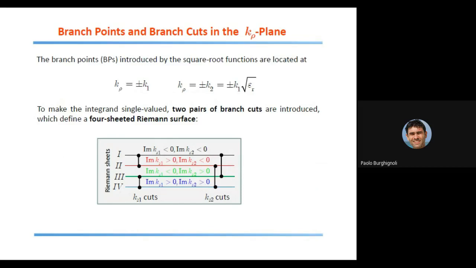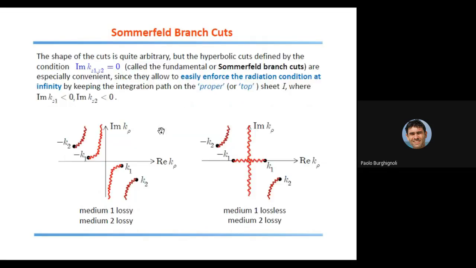Now, of course, you need to go across the branch cuts in order to change Riemann sheet. And the shape of those branch cuts is largely arbitrary. They are simply required to join the branch points to infinity.